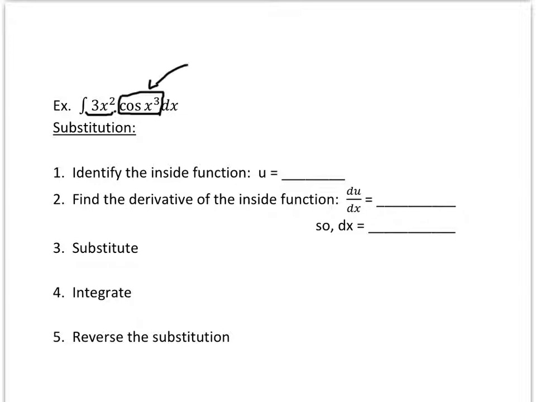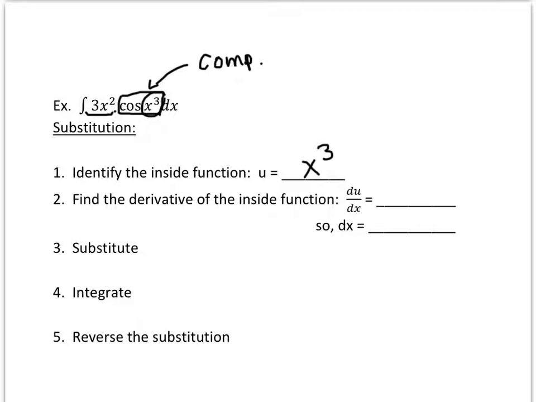So there's my composed function. I want to let u be the inside piece of that composed function. I'm kind of used to that notion of outside and inside, so u is going to be x cubed.